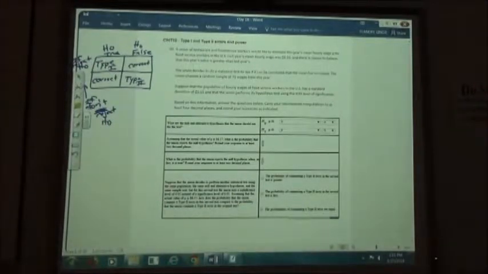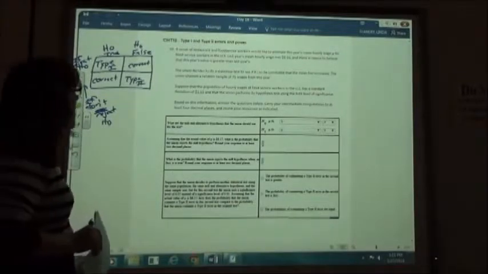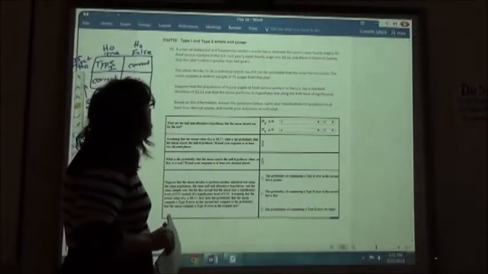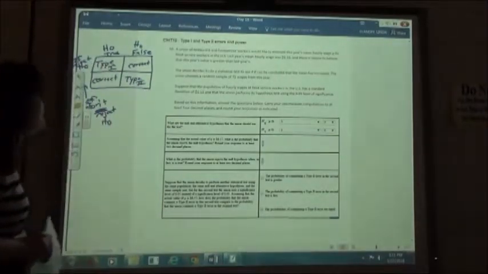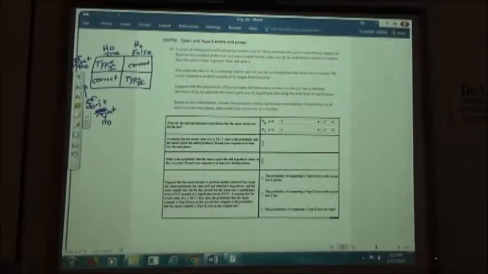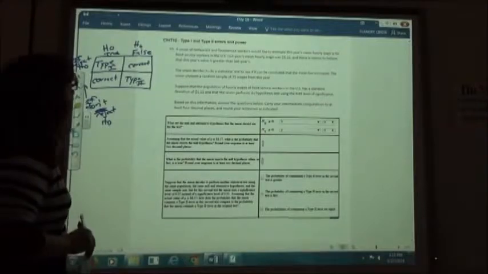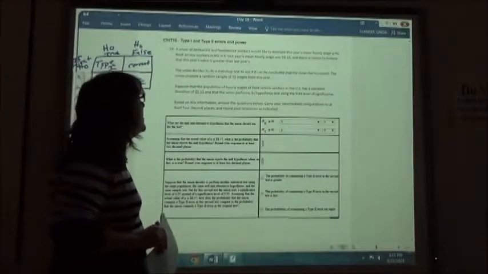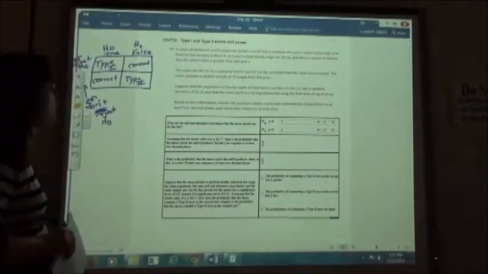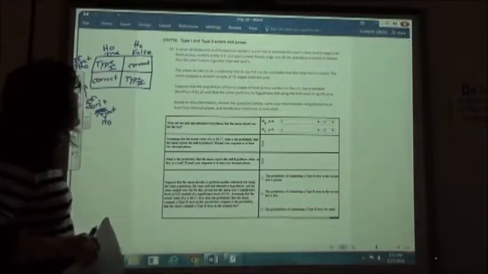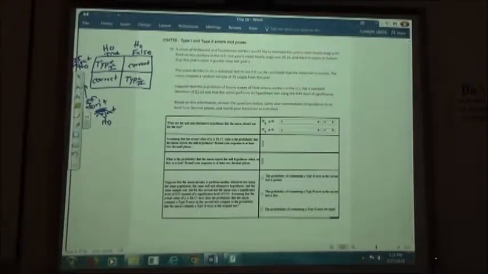The union chooses a random sample of 75 wages this year. Suppose the population of hourly wages of food service workers in the U.S. has a standard deviation of $1.15, and that the union performs its hypothesis test using the 0.01 level of significance. Based on this information, answer the questions below, carry your intermediate computations to 4 decimal places, and round your responses as indicated.